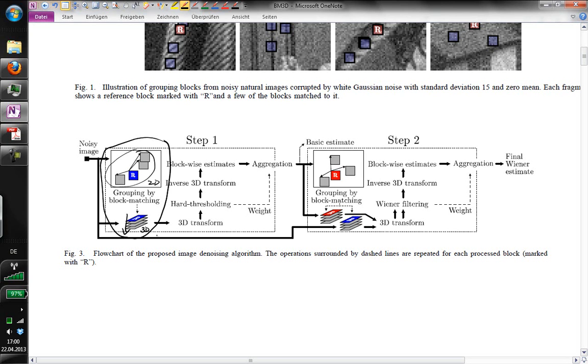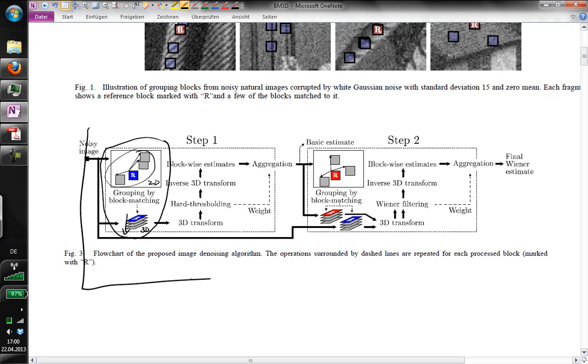And then a 3D denoising algorithm is used, which changes, potentially at least, the looks of each and every one of the patches in this group. And afterwards, the information is projected back to the image domain. And this projecting back is not so trivial because one location in an image may be part of multiple different groups.